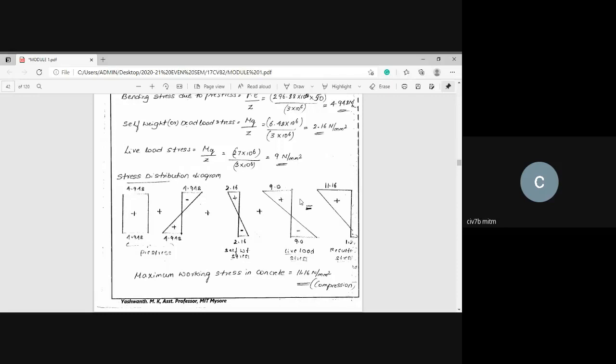Please note down, this is the one case. What I'm trying to explain here is, in different problems, I'm going to teach you different concepts by taking different sections. For example, next I will consider a symmetrical I section. I'm not going to do the same problem now.